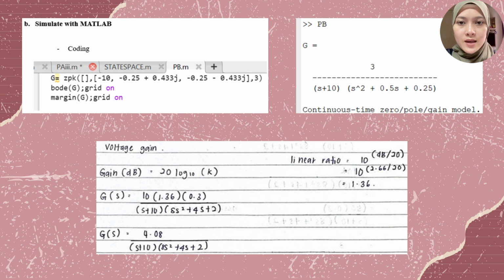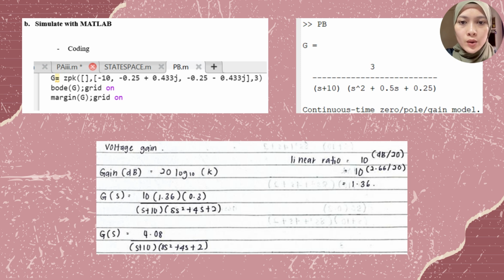Next, this slide shows the MATLAB simulation and transfer function setup used in our controller design process. On the top left, you can see the MATLAB code where we find the transfer function using the zpk command, which represents the system in terms of its zeros, poles, and gain.